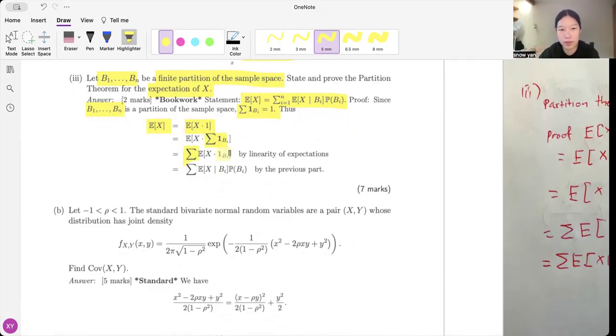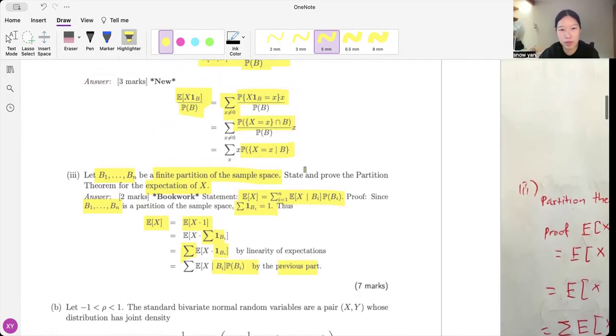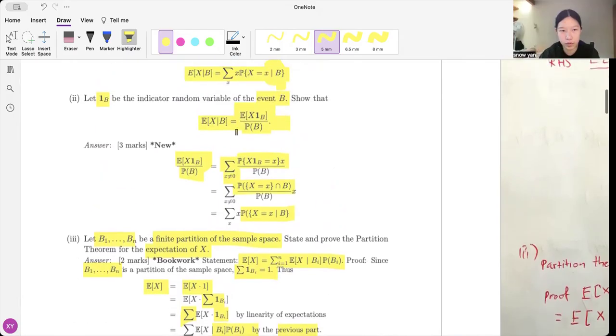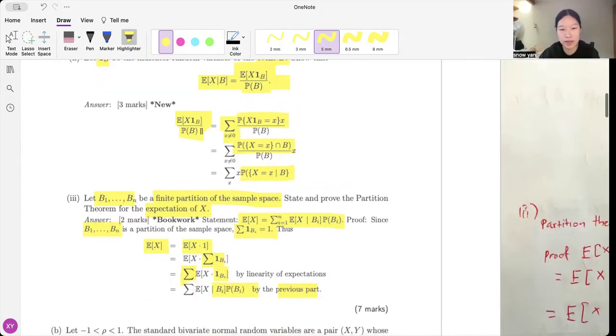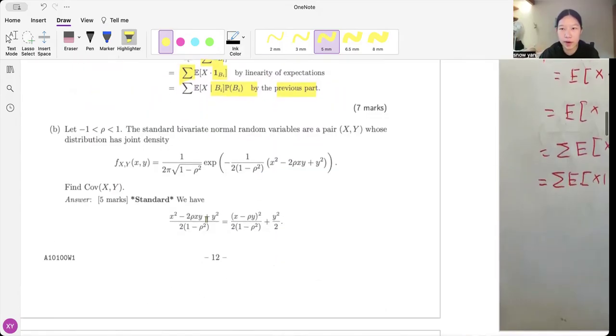And then we can further expand each of them into our Bi, and then they are the probability of Bi by the previous part. Because in this part, we saw that E of X given B is equal to this thing, right? So we just move P of B to the left-hand side and we will have this expression. So this is already proven from earlier. So we're done for part A.